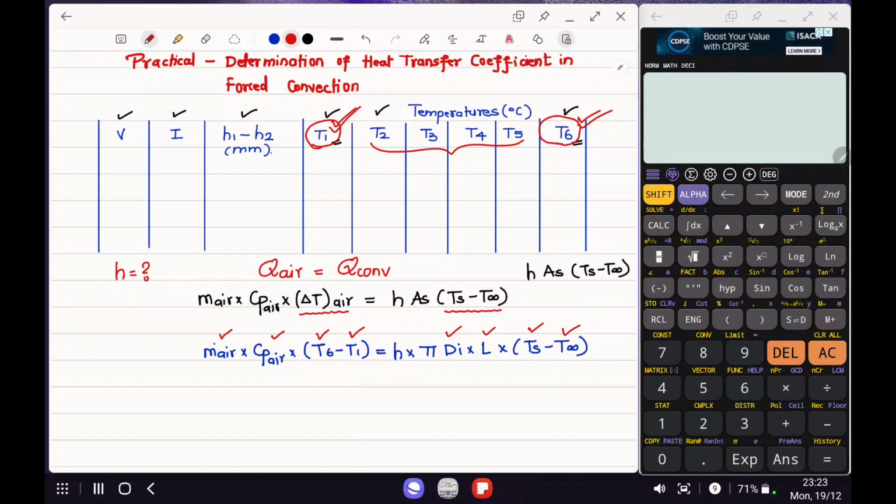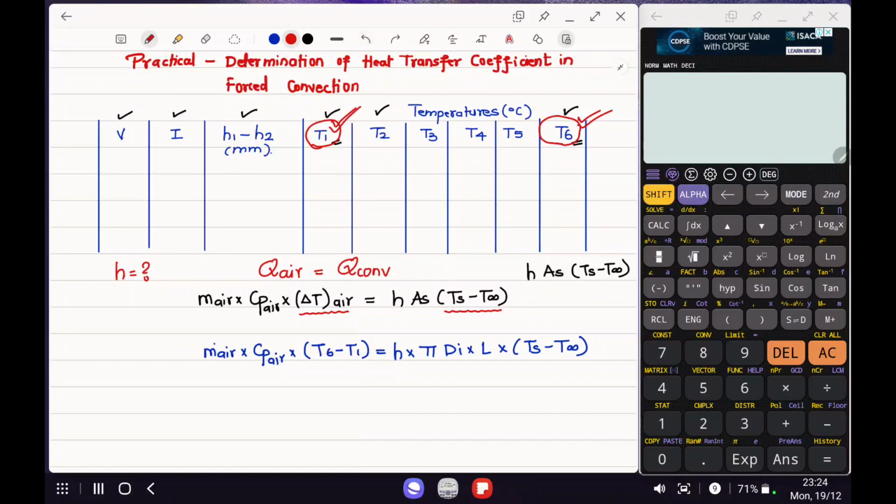If we are able to obtain all these parameters, pi is already a constant. So the only unknown parameter in this case will be the heat transfer coefficient. So immediately we will be able to obtain that. That is the basic logic with which we will be operating.